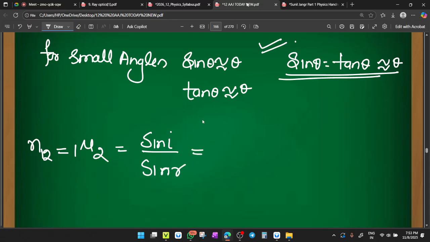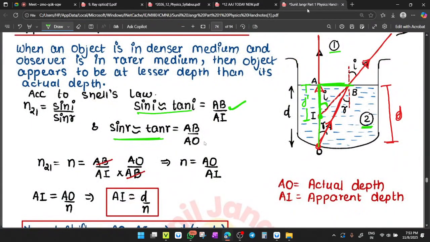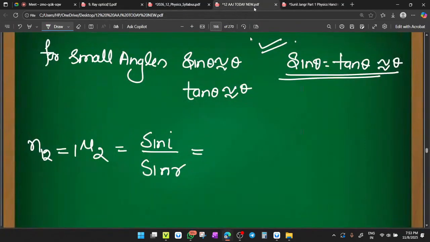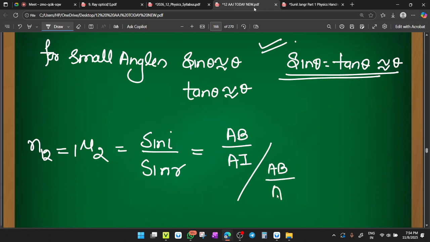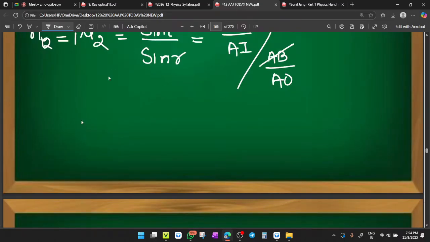We have found sine i as AB upon AI, and sine r equals AB upon AO. AB and AB get cancelled out. So 1mu2 equals AO upon AI. Clear?